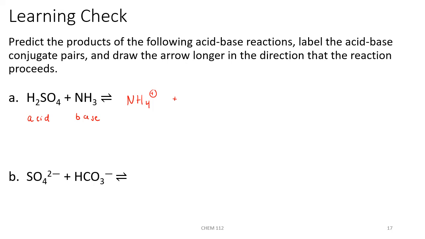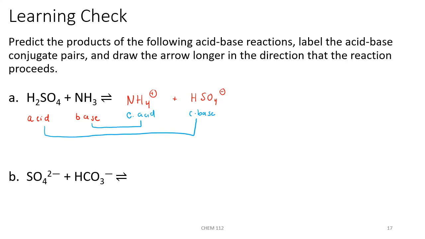And when H2SO4 donates a proton, we'll be left with HSO4 minus, or that hydrogen sulfate ion, where ammonium is the conjugate acid of ammonia, and hydrogen sulfate is the conjugate base of our acid, sulfuric acid.